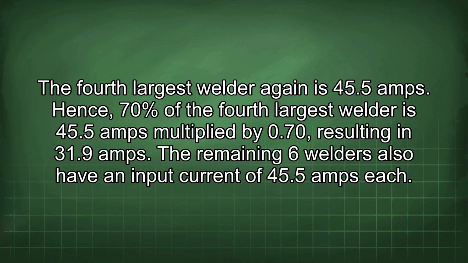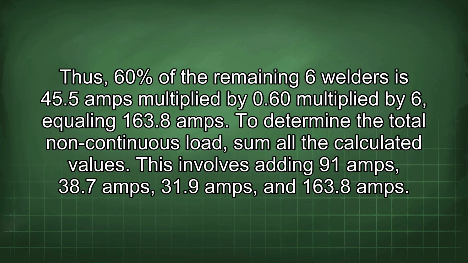The remaining 6 welders also have an input current of 45.5 amps each. Thus, 60% of the remaining 6 welders is 45.5 amps multiplied by 0.60 multiplied by 6, equaling 163.8 amps. To determine the total non-continuous load, sum all the calculated values. This involves adding 91 amps, 38.7 amps, 31.9 amps, and 163.8 amps.